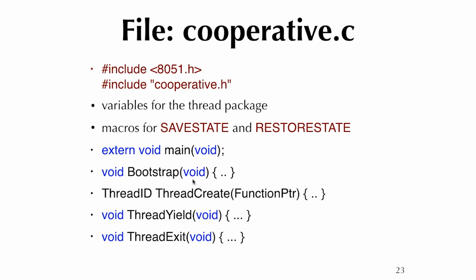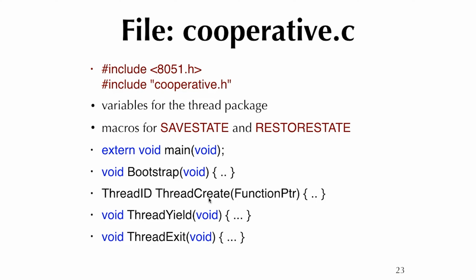So Bootstrap void, and this is where you have to fill in some code. On startup, what does it have to do? It has to set up enough so that you can kickstart main, and then main would run as thread 0. That's the trick. Bootstrap actually has to call ThreadCreate to do much of the work.